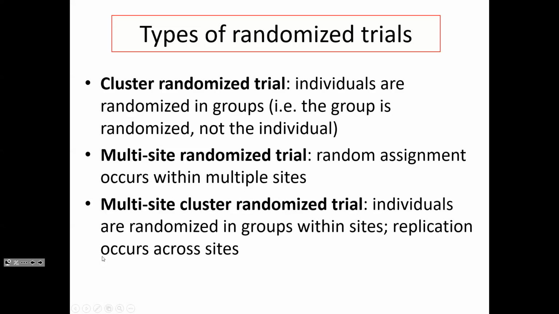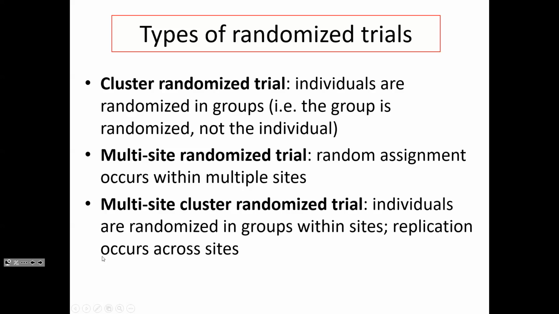An example would be kids within classrooms, with the classrooms randomly assigned to treatment and control. If it's something the teacher is doing, you can't randomly assign kids within a teacher to treatment and control. So you randomly assign the teacher or classroom, and all of the kids in the class are in the same condition, either treatment or control.